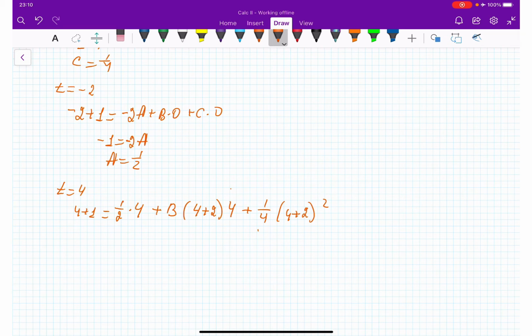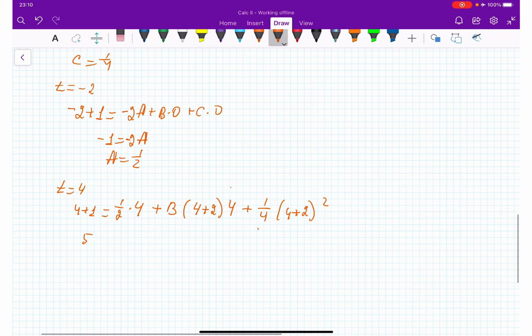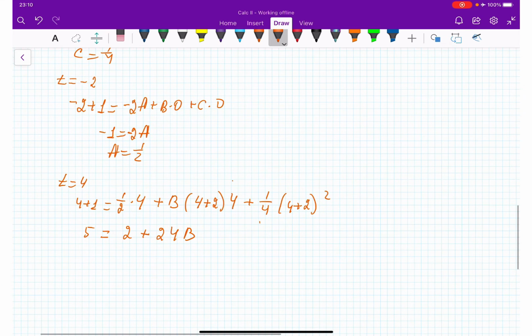Okay, so what do I get? 5 is equal to 2 plus 24b and plus 9, right? Meaning 1/4 times 4 plus 2 is 6, 6 squared is 36, so this is 1 and this is 9.